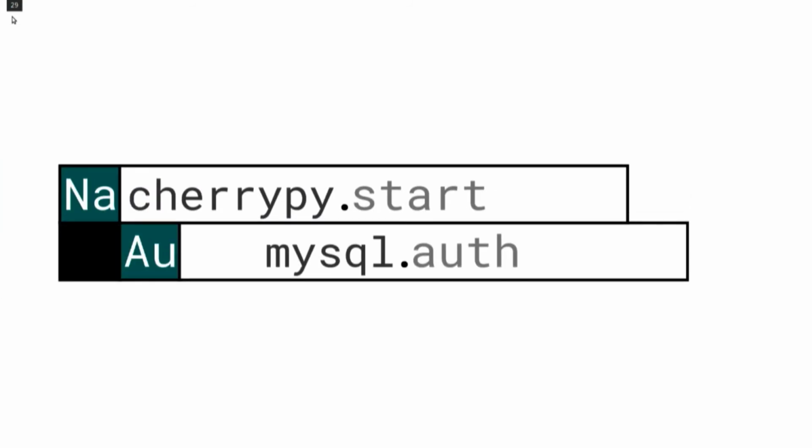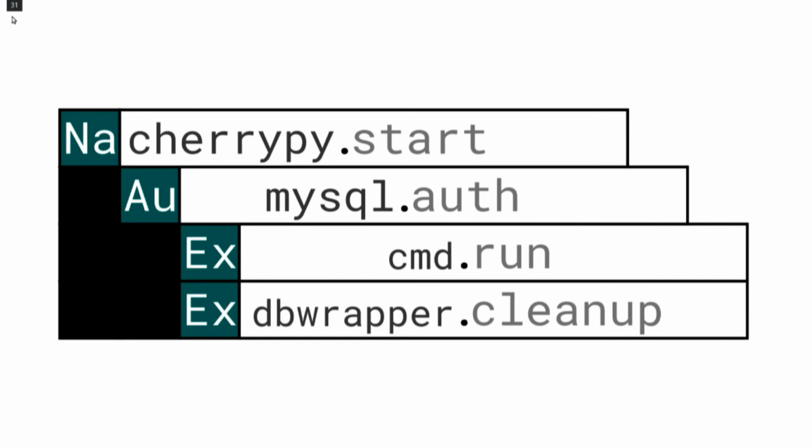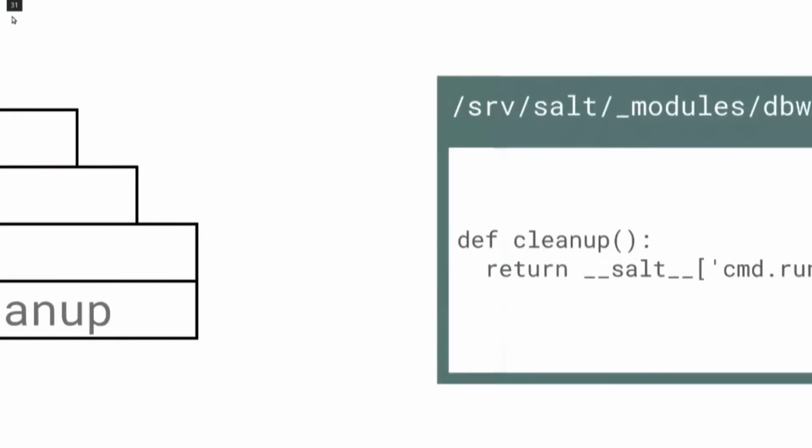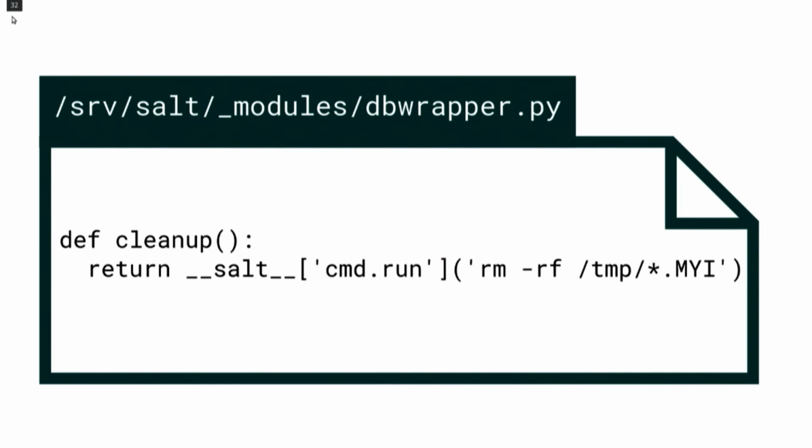So between our API module and our authentication module, we can kind of control, saying you can run exactly this or exactly that. And this bottom line is my favorite example of this. Let's take and wrap, I always do this. I write an execution module, wrap a scary thing in a known controlled thing. So here, we're doing an rm -rf on a database machine. And that's scary as all get out. I don't want to give anyone access to that. But what I do want to give them access to is to run exactly the DB wrapper module and the cleanup function.